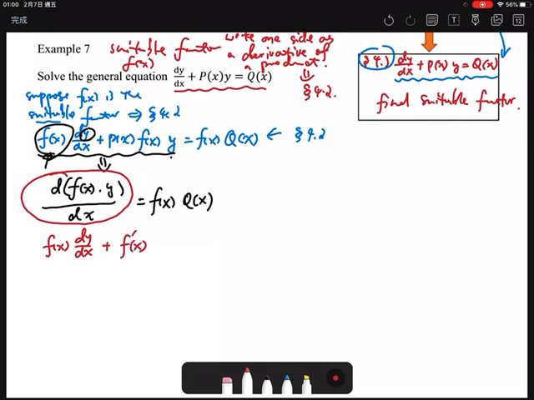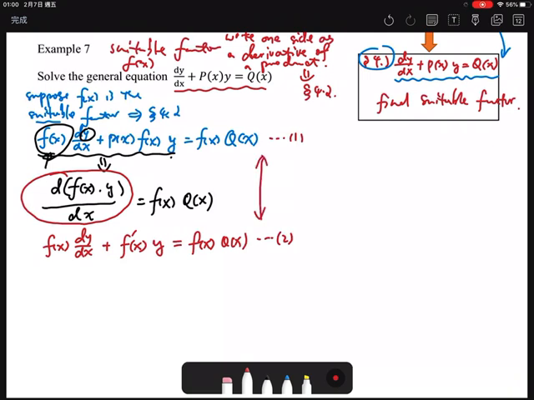df is the derivative of f(x), and then keep y equals f(x) times q(x). Now let's look at equation 1 and equation 2.